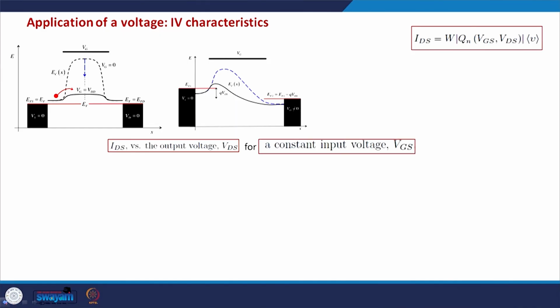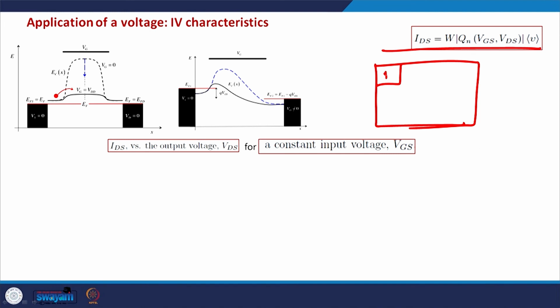So this now brings us to understanding the IV characteristics of the MOSFET. Okay, this is the source terminal, this is the drain terminal, this is the channel region, this is the gate terminal.